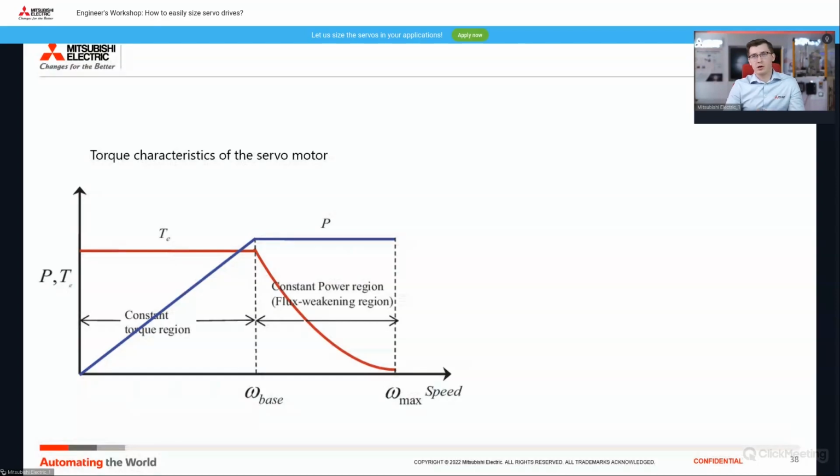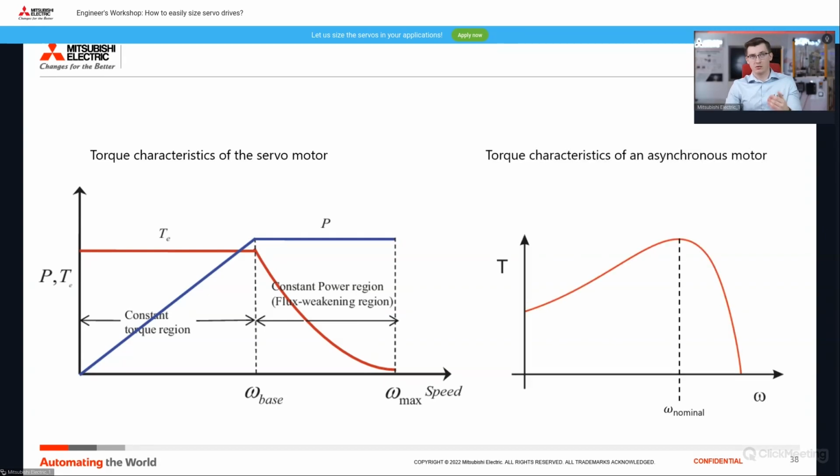So no matter if you are going with 100 RPM, 200 RPM, 3000 RPM, up to the rated speed, you still have the biggest nominal torque available. Of course, later when you go past the rated speed, you will have this slope and the torque will be smaller. But in the case of, for example, asynchronous motors, it is very different.